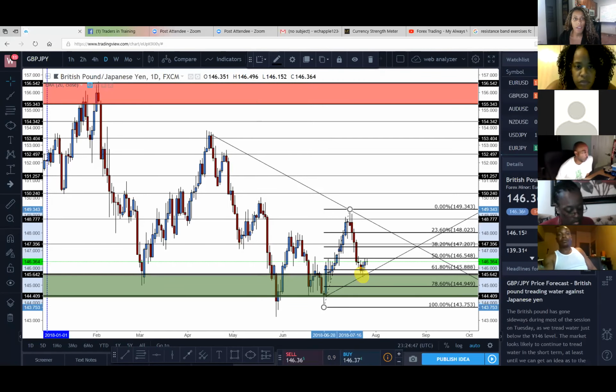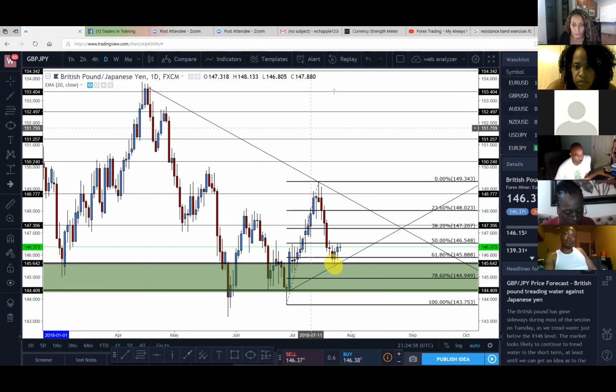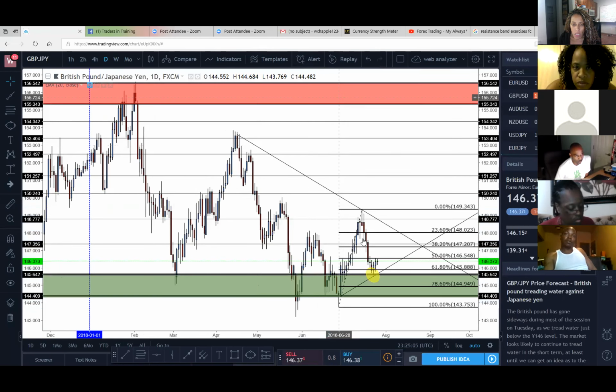Now, show me what you got. Red is my supply zone. The green is the demand zone. Okay, show me why you chose that area for your supply zone.